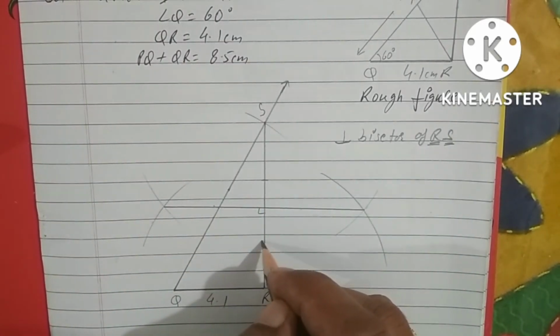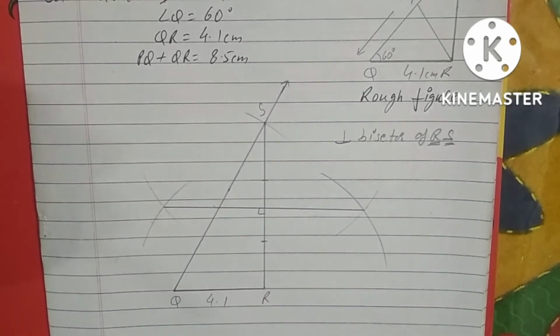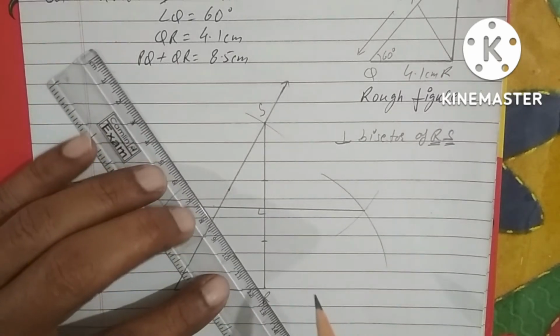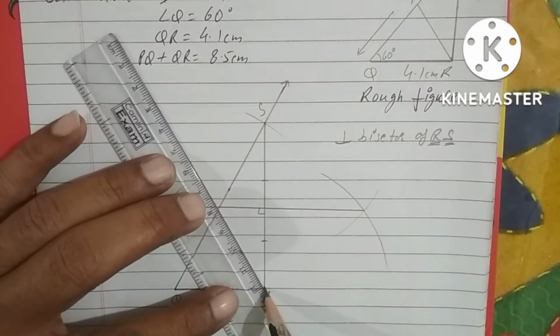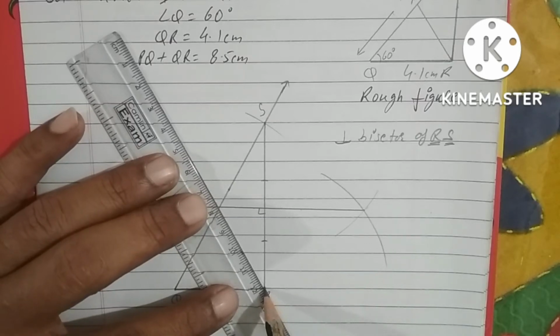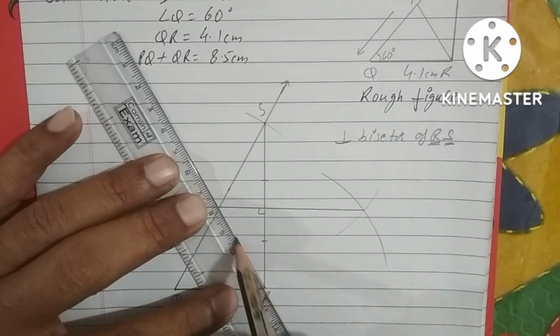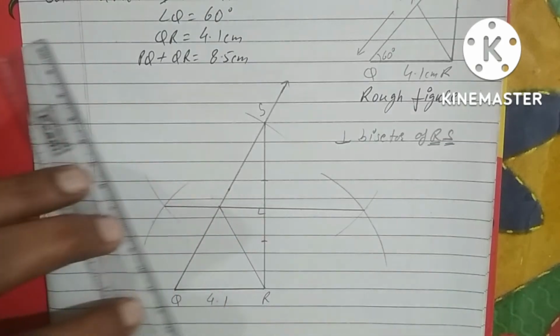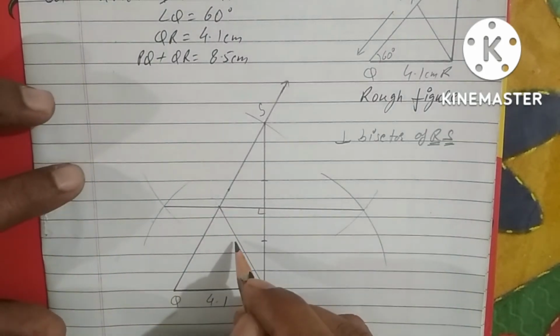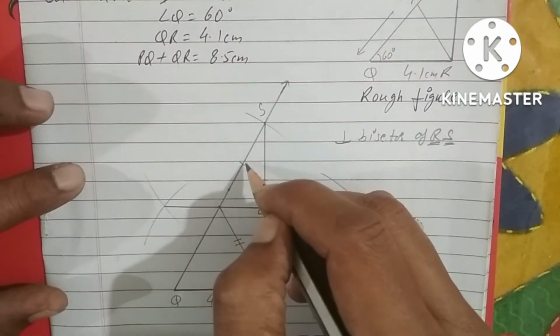This is equal to this. And we know the property we have studied, that in an isosceles triangle, the line from the vertex divides the base into two equal parts. So this I'm going to join. Now this side will become equal to this side.